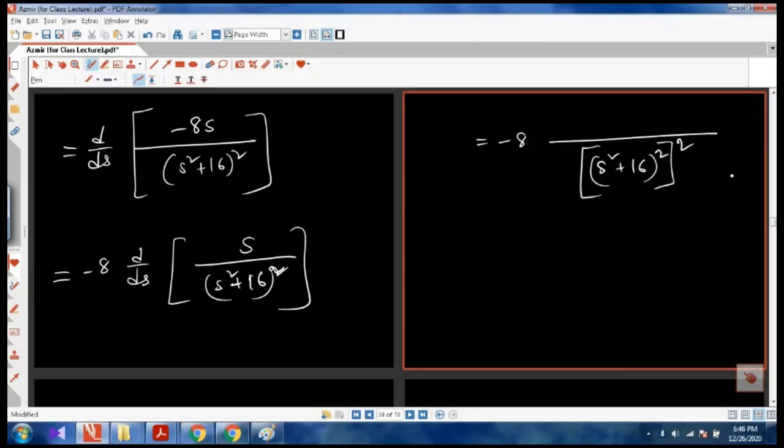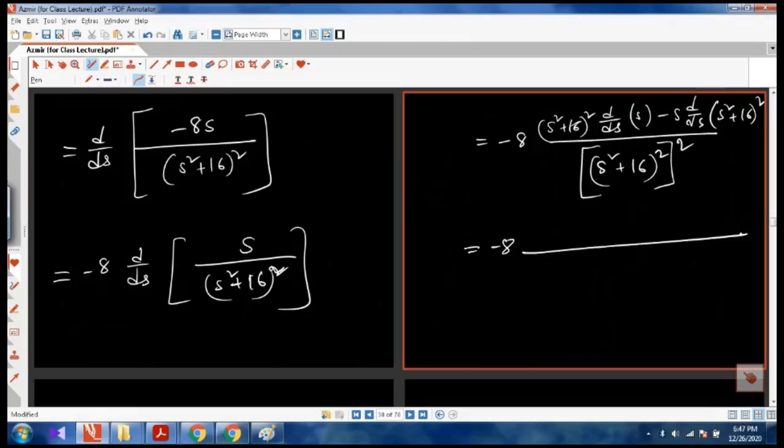So it will be s squared plus 16 whole squared whole squared. So v d/ds of u, that means upper part, negative u d/ds of v. So minus 8.